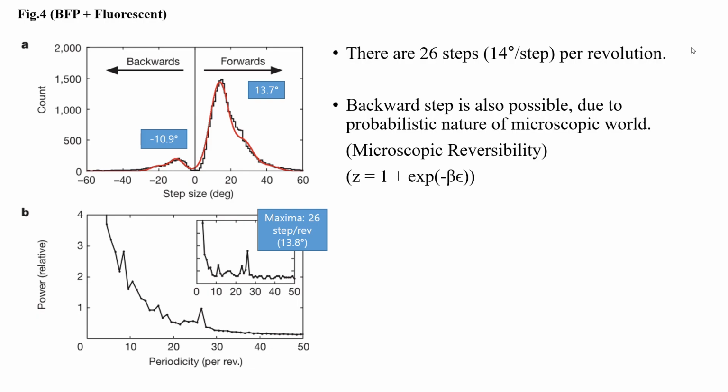Rather, this is because of the microscopic reversibility. In other words, this is due to the probabilistic nature of the microscopic world. The sodium motive force allows the forward step to be more probable, but still, the backward motion can still happen.